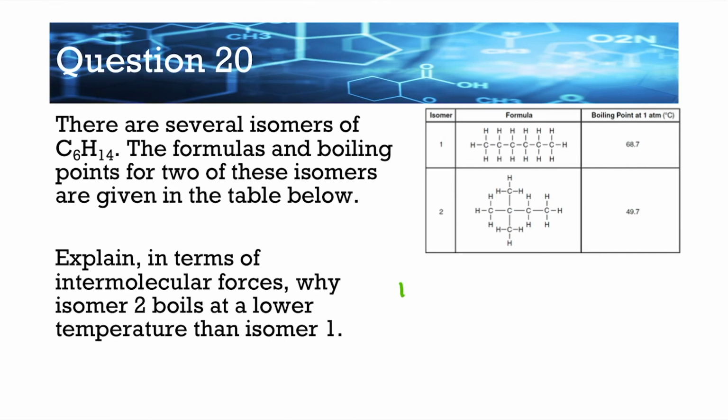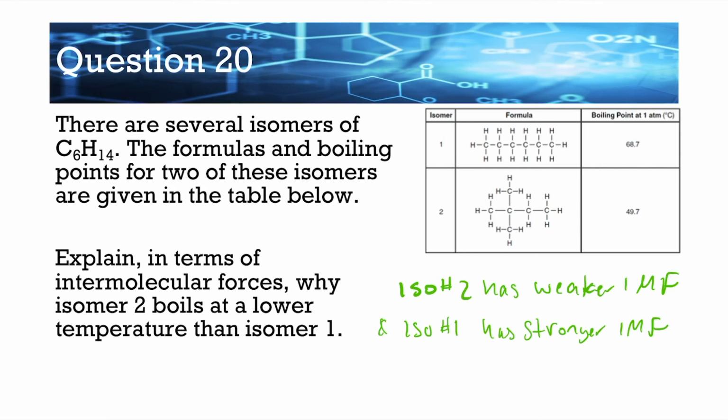So we can say that isomer number 2 has weaker IMF, and isomer number 1 has stronger IMF. So remember, intermolecular forces are the attractions in between different molecules, and so kind of how they interact with each other. So how you interact with your family and your friends. You're not physically connected to each other, but you interact with them.